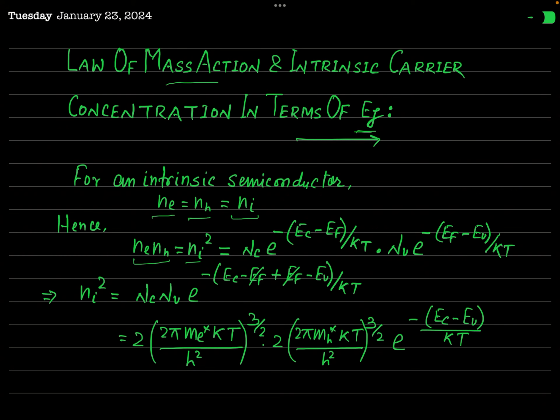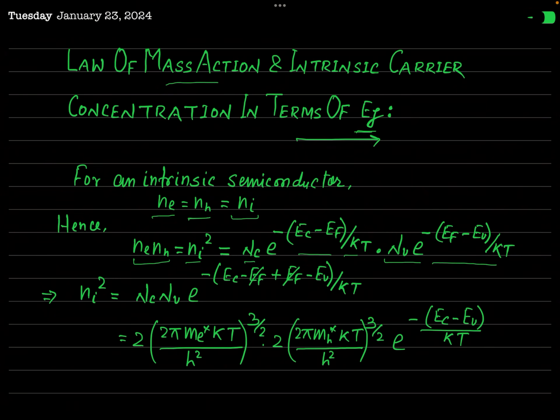But you have learnt that this Ne is given by Nc times exponential raised to the power minus (Ec minus Ef) over Kt. And Nh is given by Nv times exponential raised to the power minus (Ef minus Ev) over Kt.